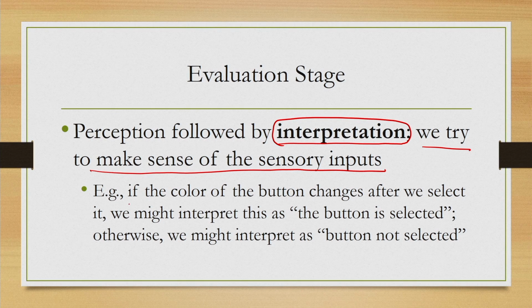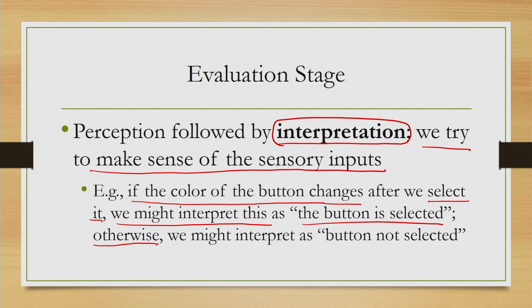As an example, suppose we perceived that the color of the button changed after we selected it. So, this is a perceptual input, that change of color. Now, we might interpret it as the button is selected. If there is no color change, then we might interpret it as the button is not selected.